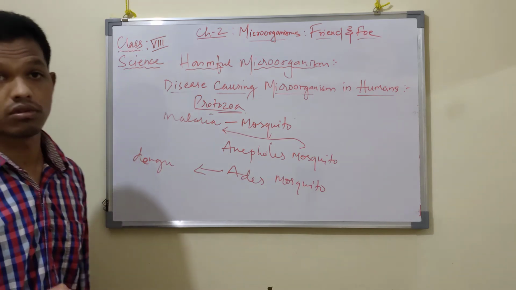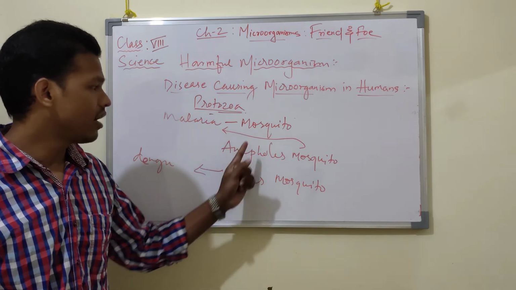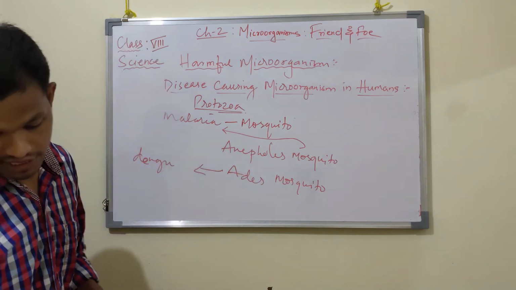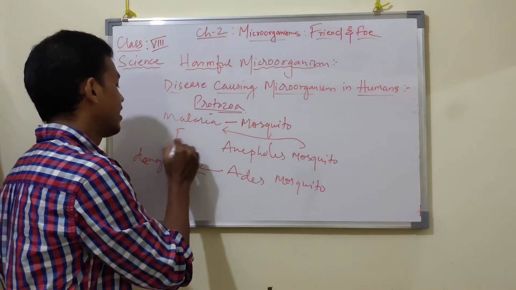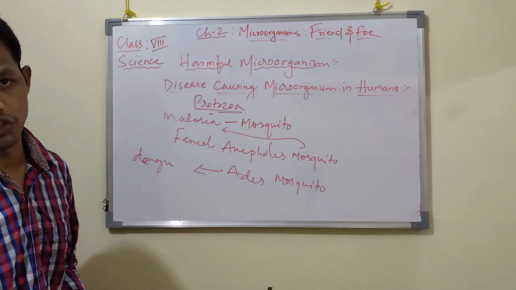Dengue. Dengue is caused by the Aedes mosquito, and malaria is caused by the female Anopheles mosquito.